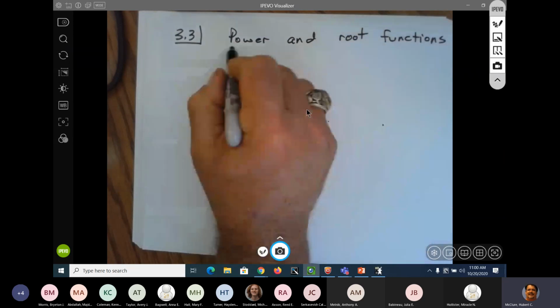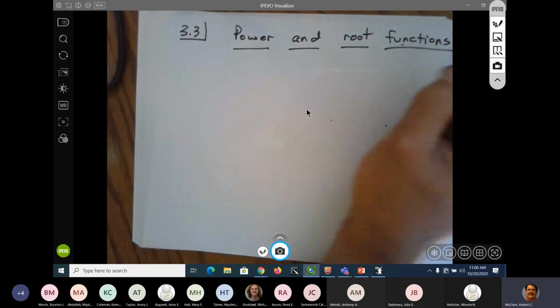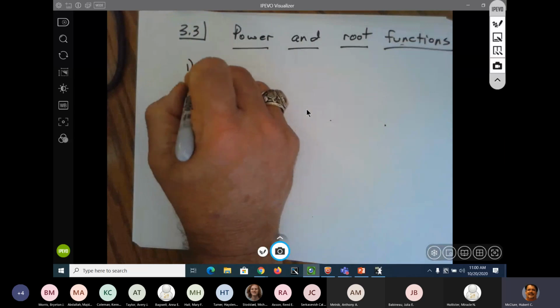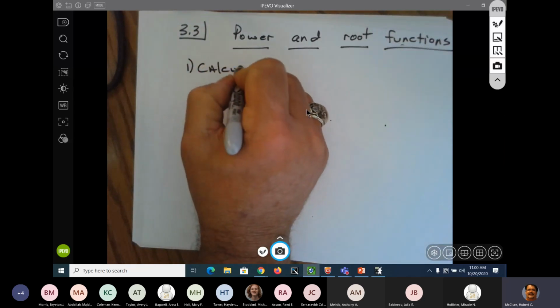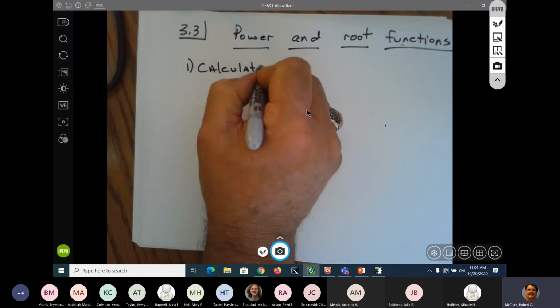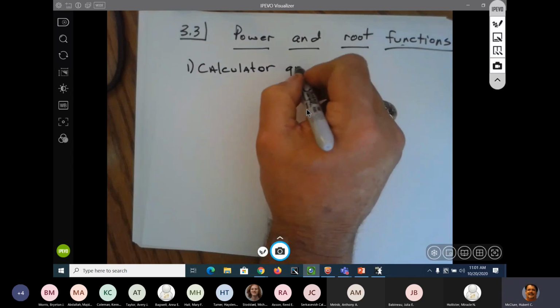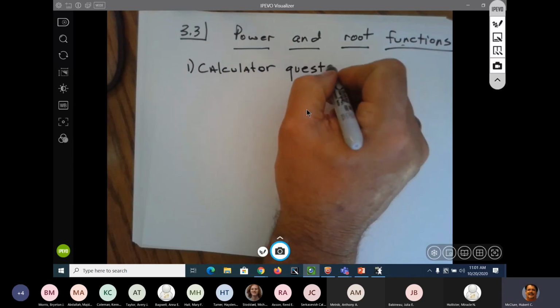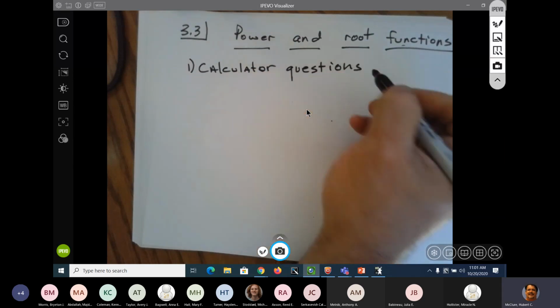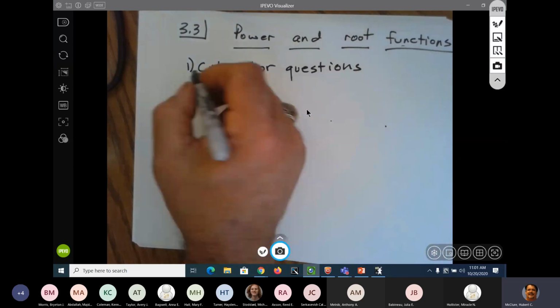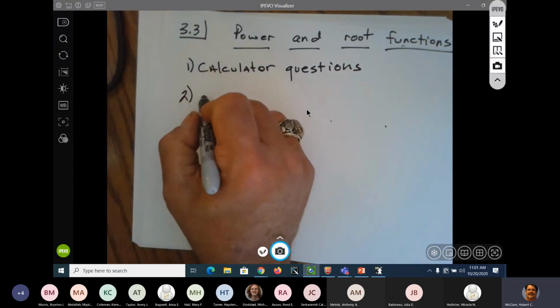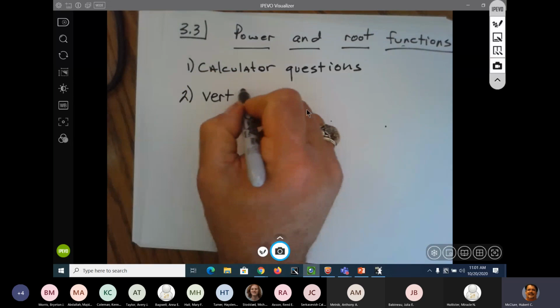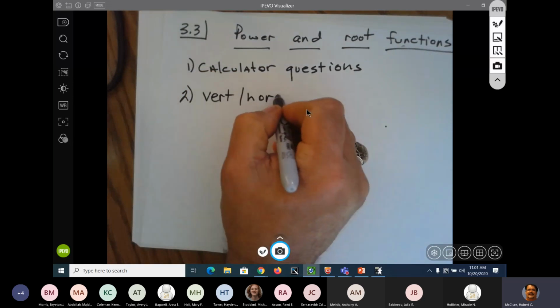Most of this will be calculator questions. There may be a few by hand, but as far as the graphs, they will be mostly calculator questions. You also need to remember your family of graphs and your vertical and horizontal shifts and all that good stuff.